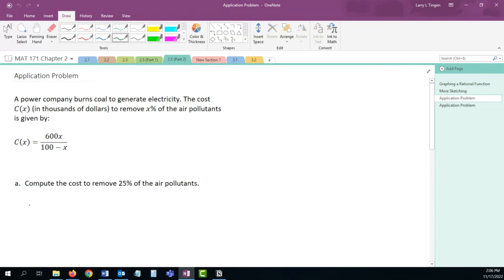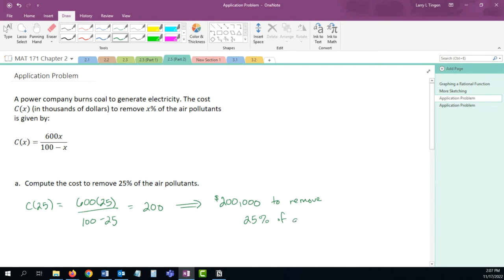X is in percent, so that means just take 25, plug it in for X. So that's 600 times 25 over 100 minus 25. 600 times 25 divided by 100 minus 25, which is 75, is 200. Okay, what does that mean? That means it's going to cost $200,000 to remove 25% of air pollutants.